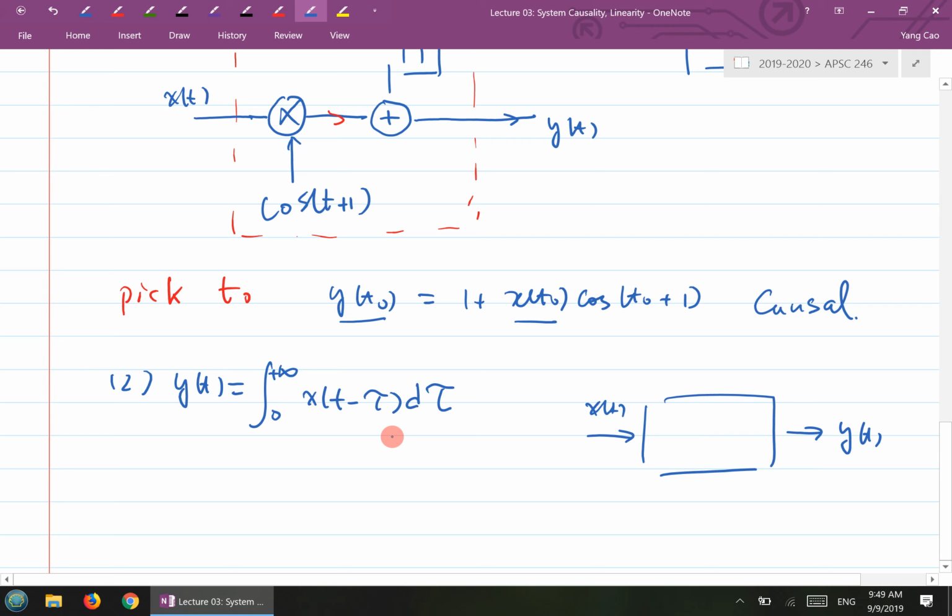So what do you think about this system? Do you think it's a causal system or a non-causal system? Bear in mind it's always a relationship between the input and output, so look at the dependency between the output and the input.